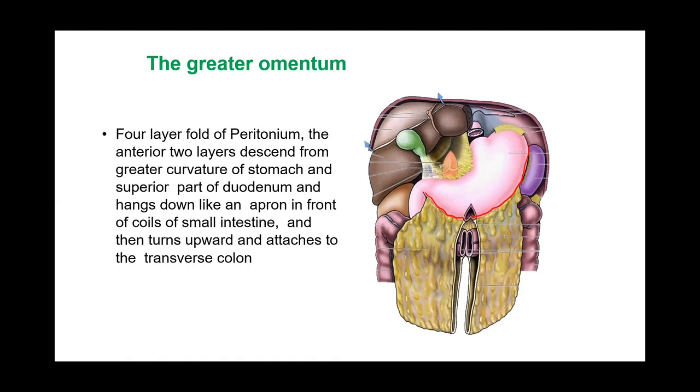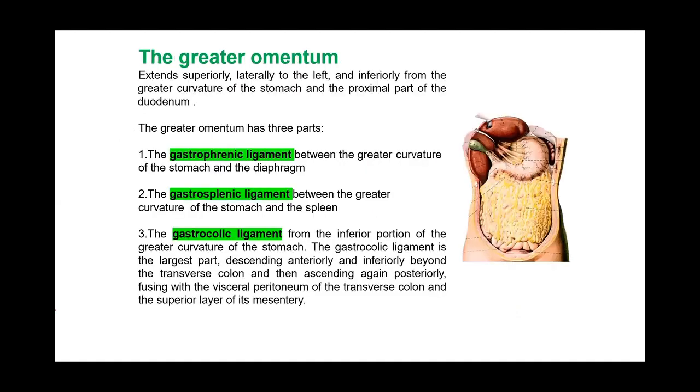But if this omentum is placed in between the anterior abdominal wall and your intestine, they won't come up with that adhesion. So naturally, it falls down like an apron between the anterior abdominal wall and the intestine.